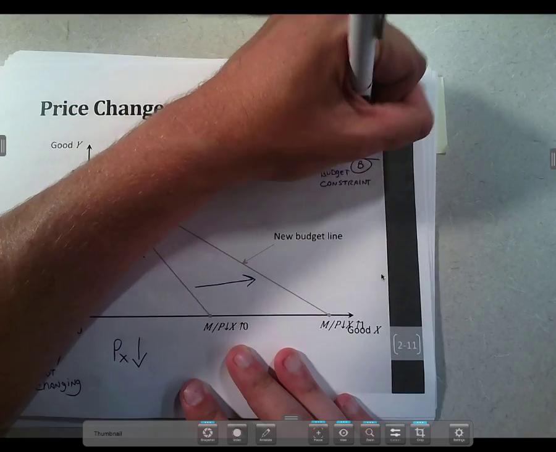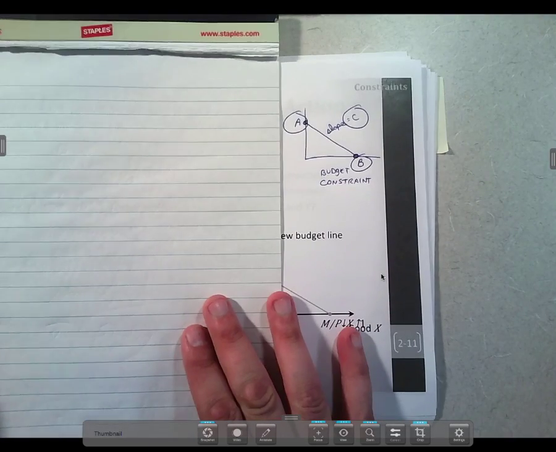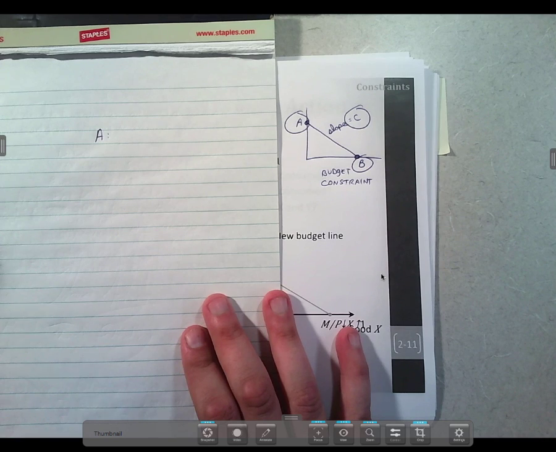we need to understand 3 points, A, B, and C. Let me write those out here. How do we figure out what point A is?